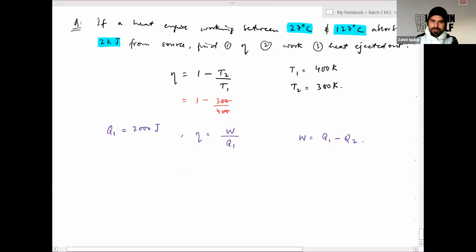On taking LCM, 4 minus 3 will be 1 over 4, or 0.25, or simply 25%. Now putting this in work done divided by heat absorbed 2000, work done will be 2000 divided by 4, that is 500 joule. Putting in this part, 500 equals 2000 minus Q2. So Q2 equals 2000 minus 500, that will be 1500 joules. Good, Samira.